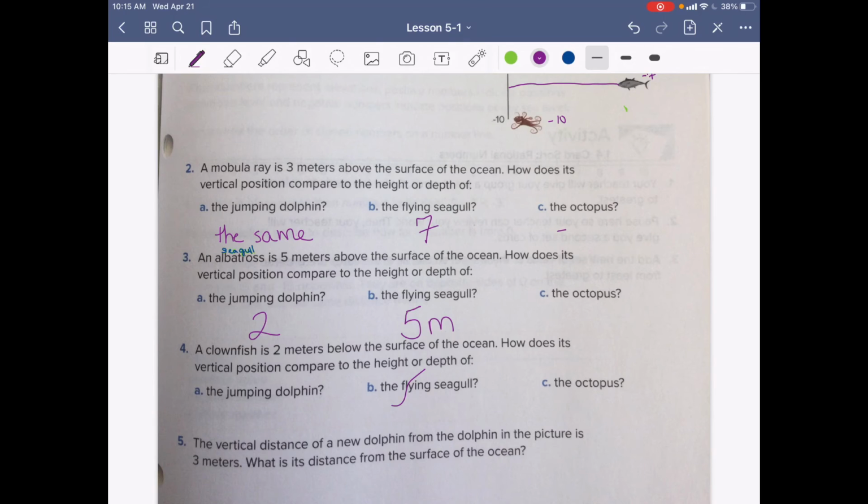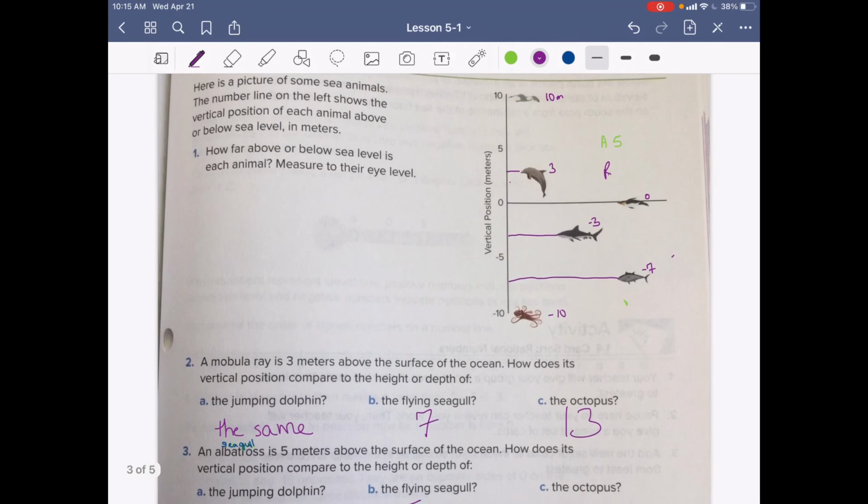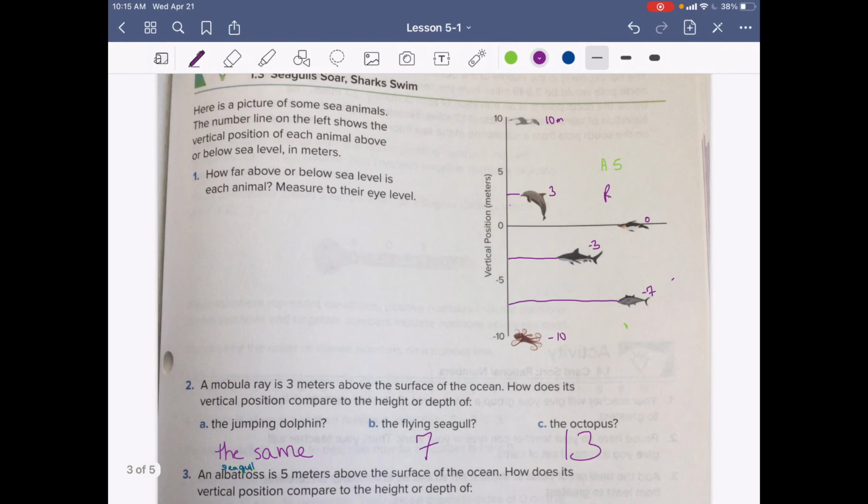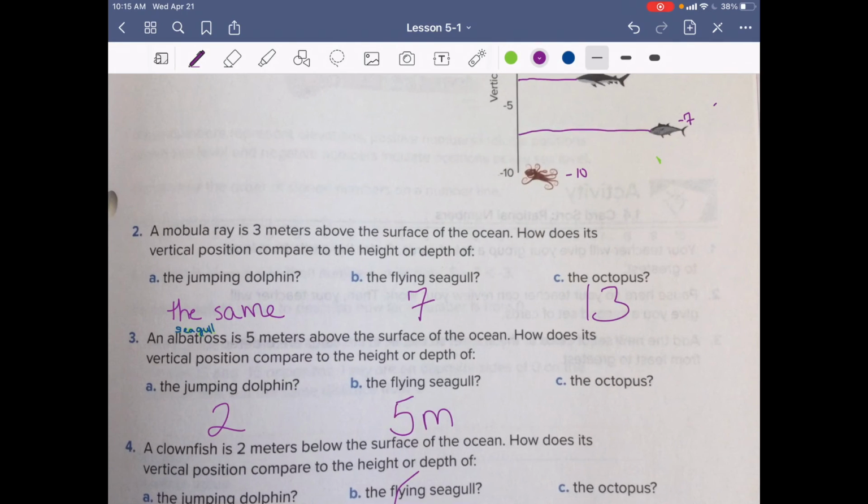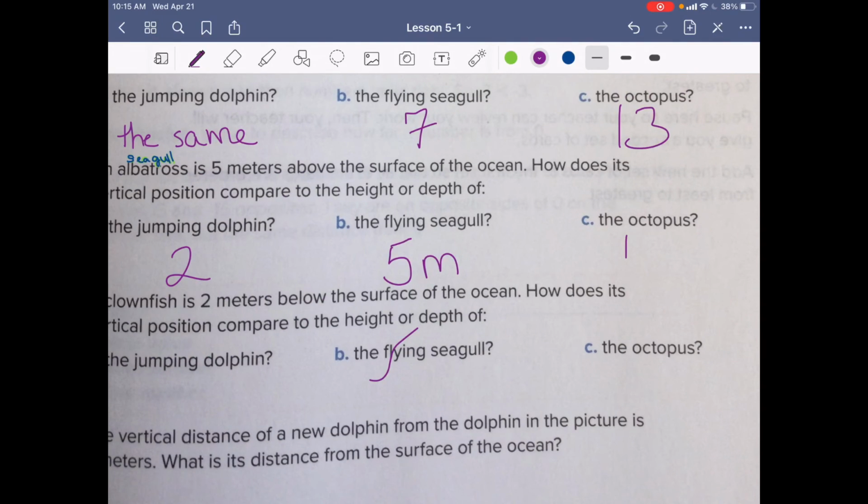This was 13. So the octopus and the albatross: the albatross is 5 above, and the octopus is 10 below. 10 plus 5 is going to give us 15. So it's 15 meters.